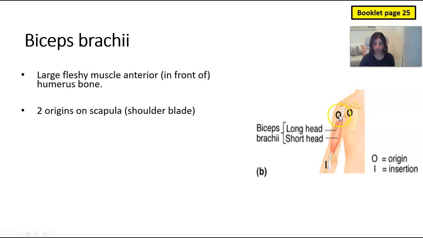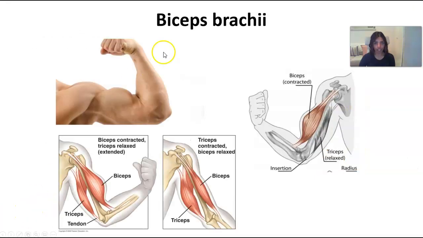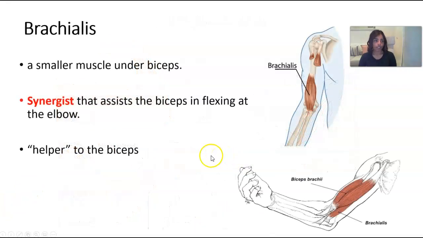So you can see one origin there and the other one over here. And this is an agonist in flexion. So it allows flexion, or the narrowing of that angle, to be achieved. The antagonist is the triceps on the back of the arm, and you can see how that movement occurs here in this diagram.